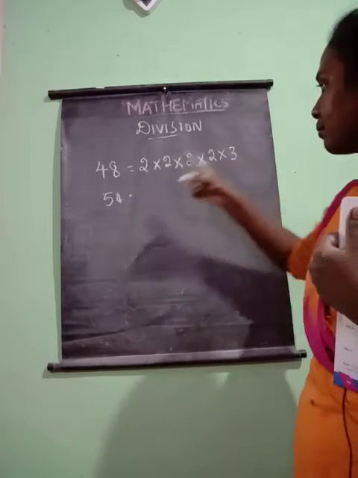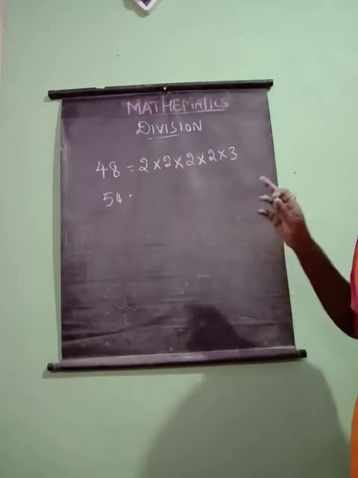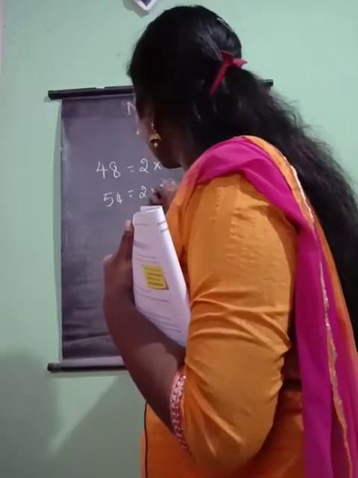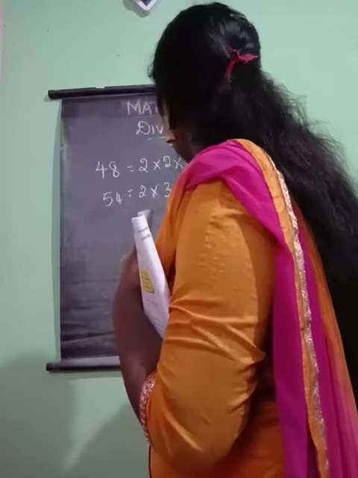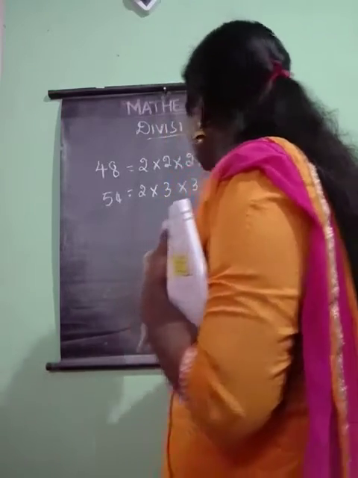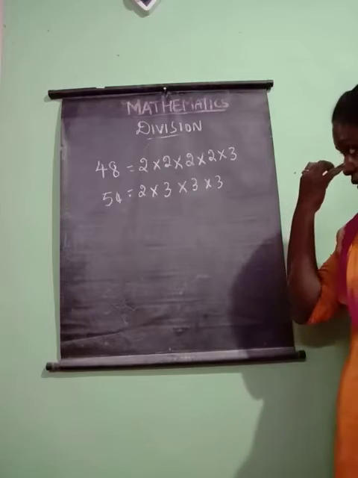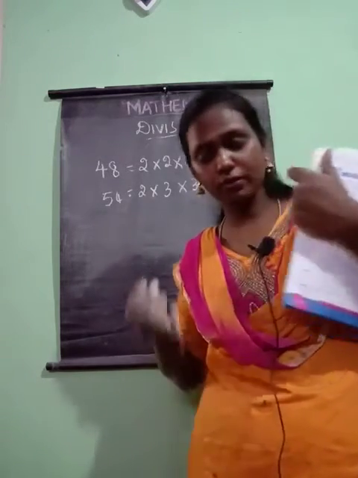So all these numbers are prime numbers. Same way for 54 also. See, 2 3s are 6, 6 3s are 18, 18 3s are 54. Okay. So we know 18 3s are 54.